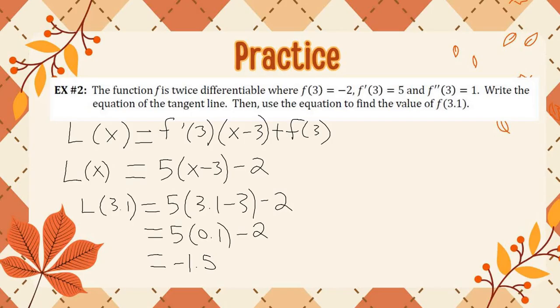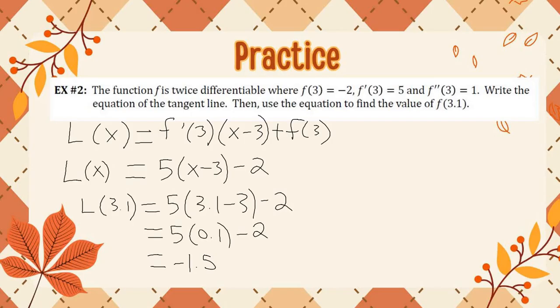So they gave us this thing about the second derivative. Do we care about that? Maybe for finding error. Yeah, but in this case, it doesn't ask us anything. So for this particular problem, it was extra. But if it asked whether your approximation is an over or an under approximation, remember we do need the second derivative for that, because under and over approximation depend on what? Concavity, right?